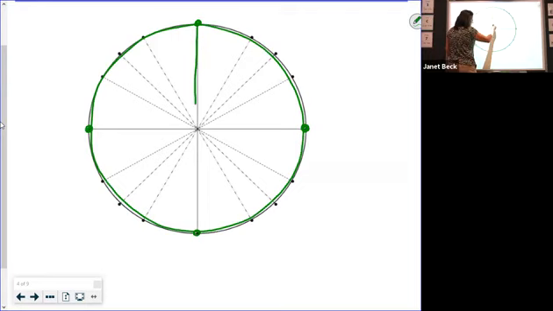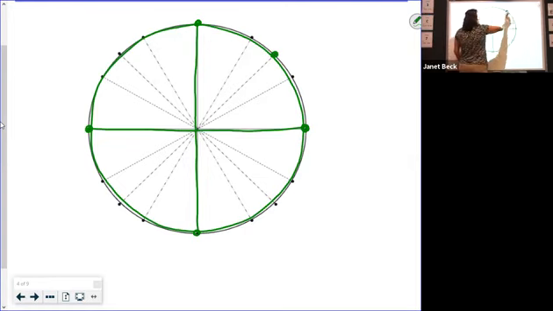Put a point top and bottom, left and right. Cut each quadrant in half, put a dot in the middle of each quadrant. And then just a bit to the left and a bit to the right, do another dot. Okay.